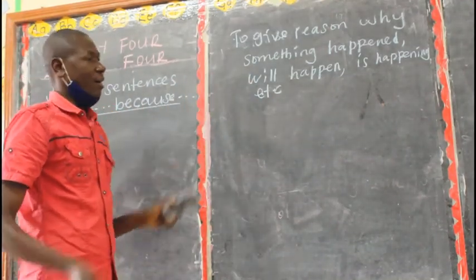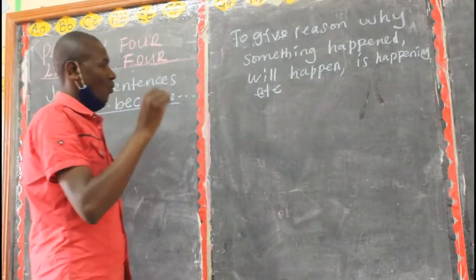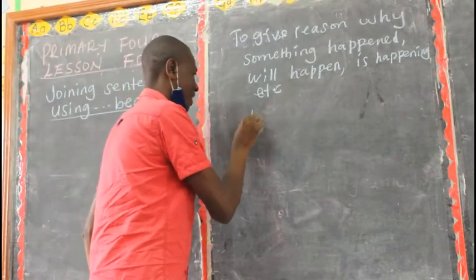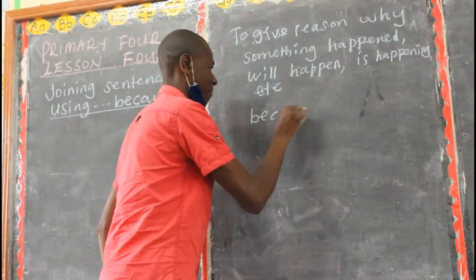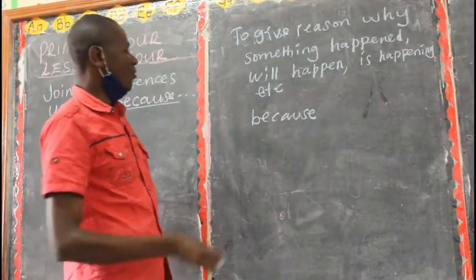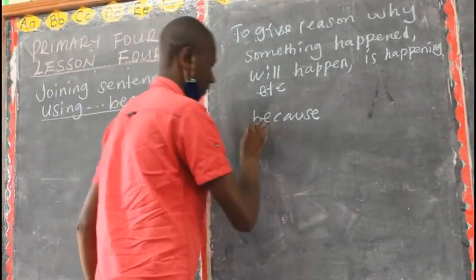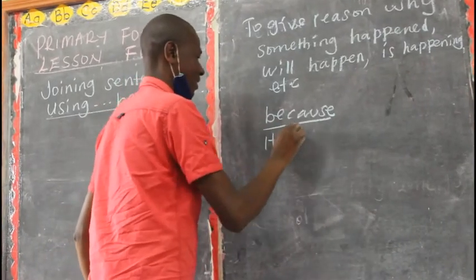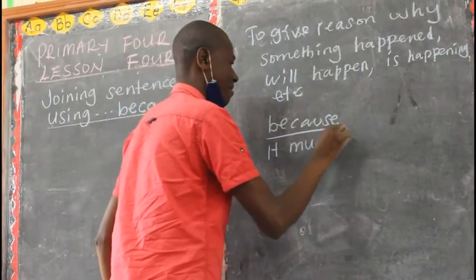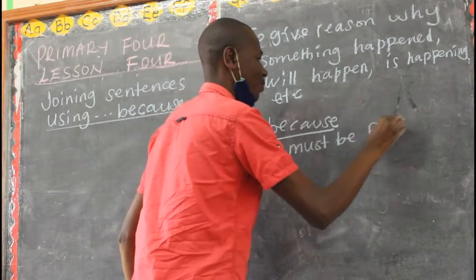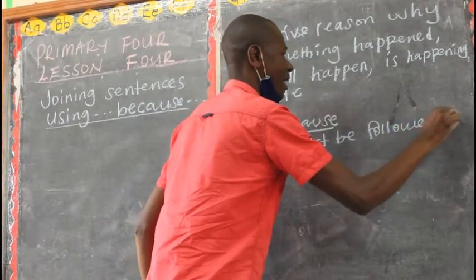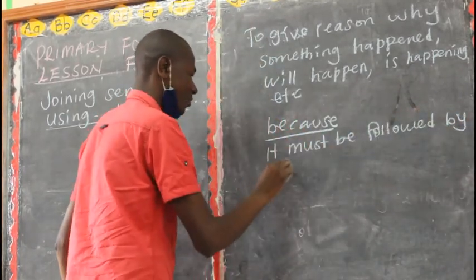The reason. The rule is that when you are using the word because as a conjunction, it must be followed by the reason.